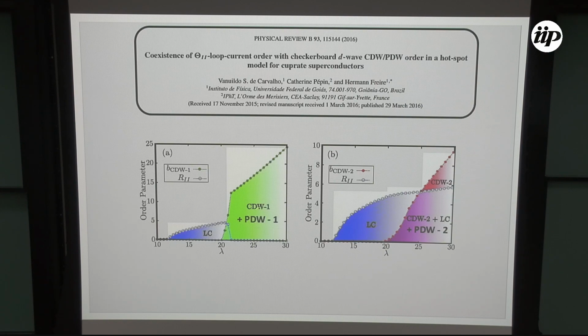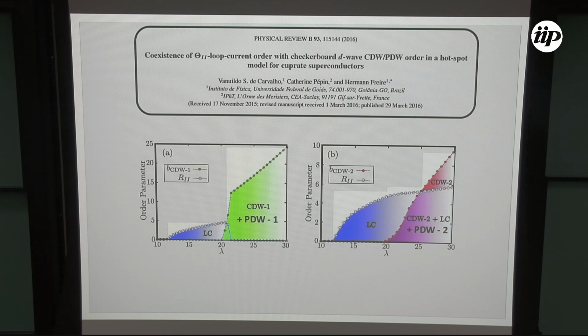It suppresses in the unidirectional case, but it does not suppress in the bidirectional case. So we see here, at least at mean field level, that there is a possible regime where these two orders coexist, meaning both loop current order and this composite charge order phase, the pair density wave phase.